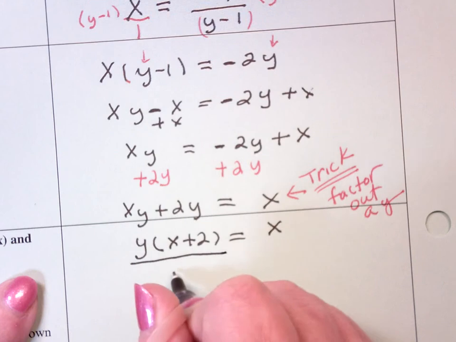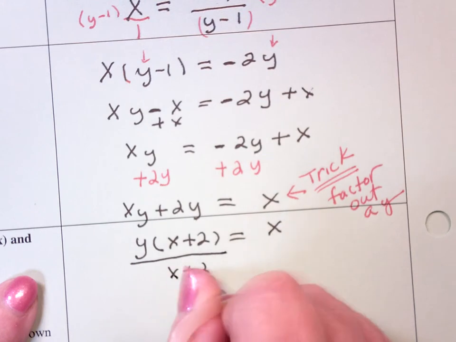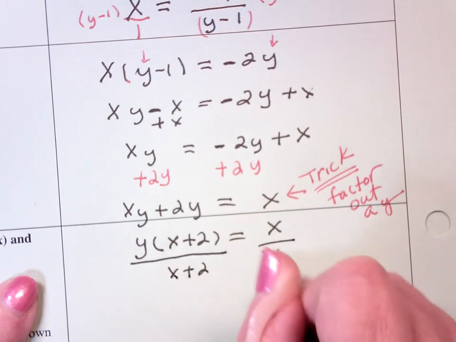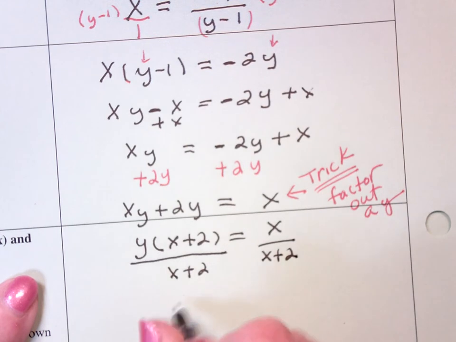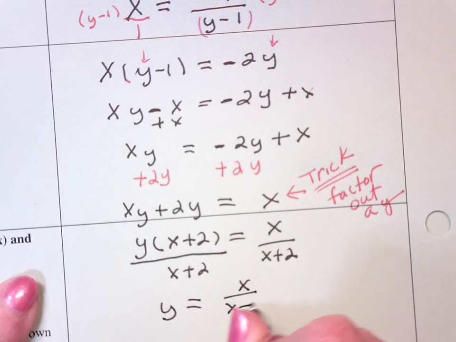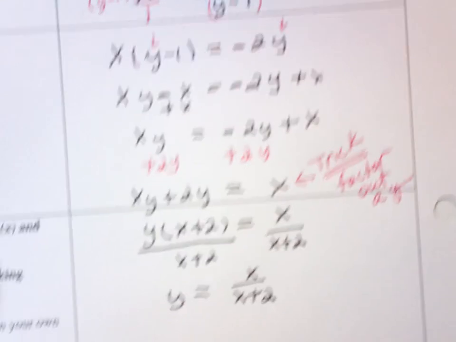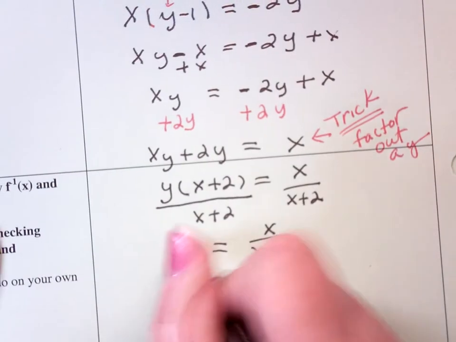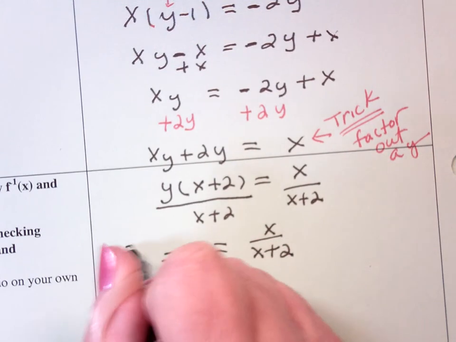Divide both sides by x plus 2, so that y equals x over x plus 2. That's really what f inverse is.